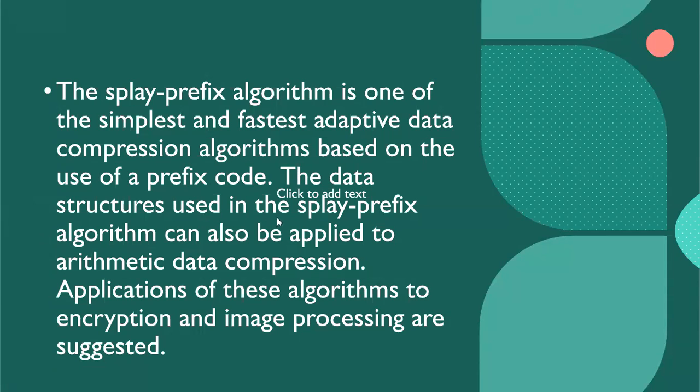Data structures used in the splay prefix algorithm can also be applied to algorithmic data compression, with applications to encryption and image processing. Splay tree is a type of data structure used to store the data.